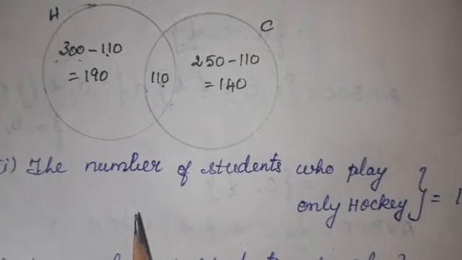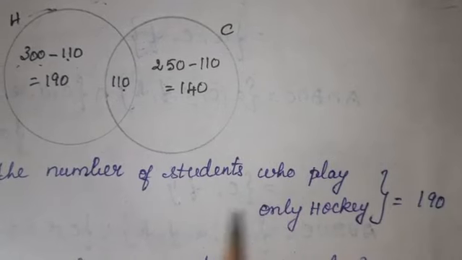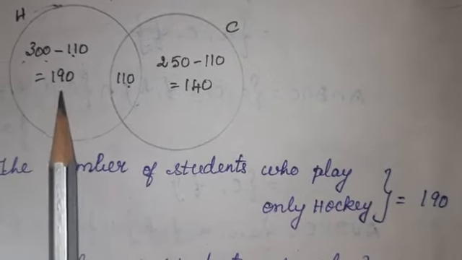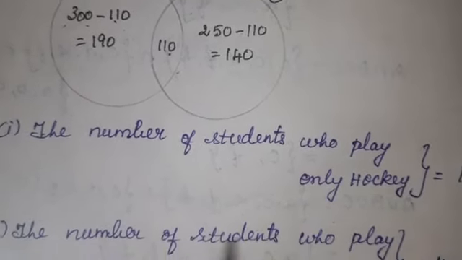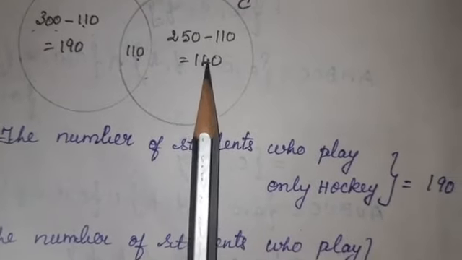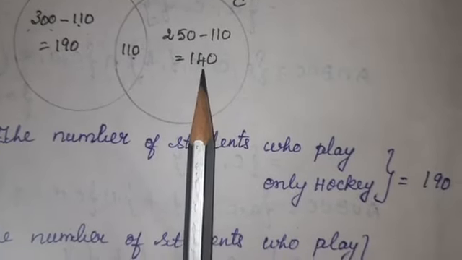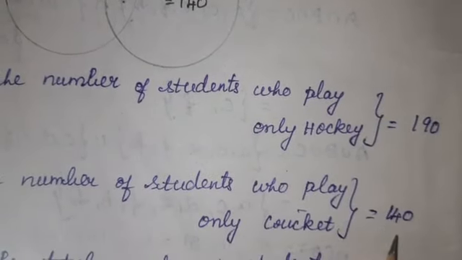The first question they are asking is the number of students who play only hockey. Here we subtracted, so this is only playing hockey, this is 190. Next, the number of students who play only cricket: that answer you are getting is 140. This is only those who play cricket, this 140.